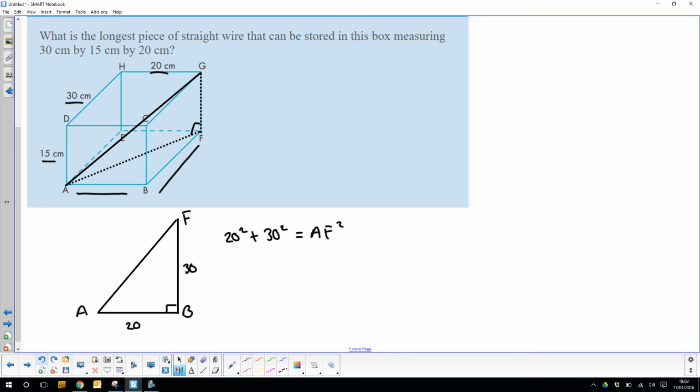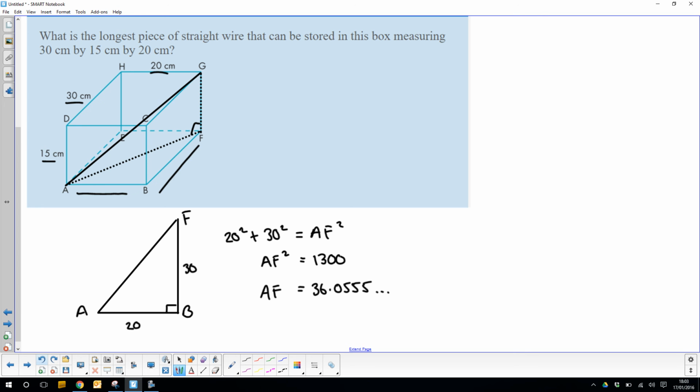On my calculator, 20 squared plus 30 squared is 1,300. So AF is the square root of that, which is 36.0555... I've got a few decimal places there, and that will come in useful in a little while.